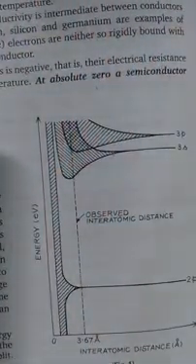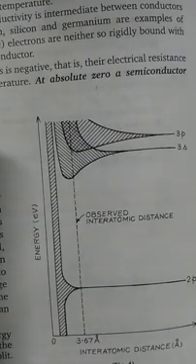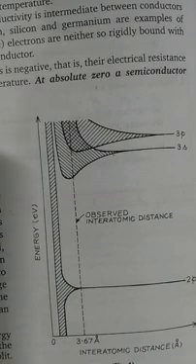Now, imagine there are n atoms of the material isolated from one another, then they would have a completely coinciding set of energy levels. That is, the electrons fill the energy levels in each atom independently.